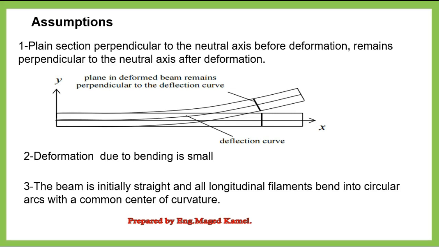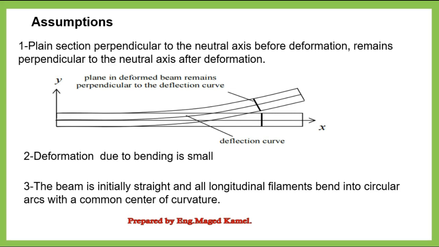Before deformation, we have a vertical section perpendicular to the neutral axis. Our assumption is that the plane section perpendicular to the neutral axis before deformation remains perpendicular to the neutral axis after deformation.